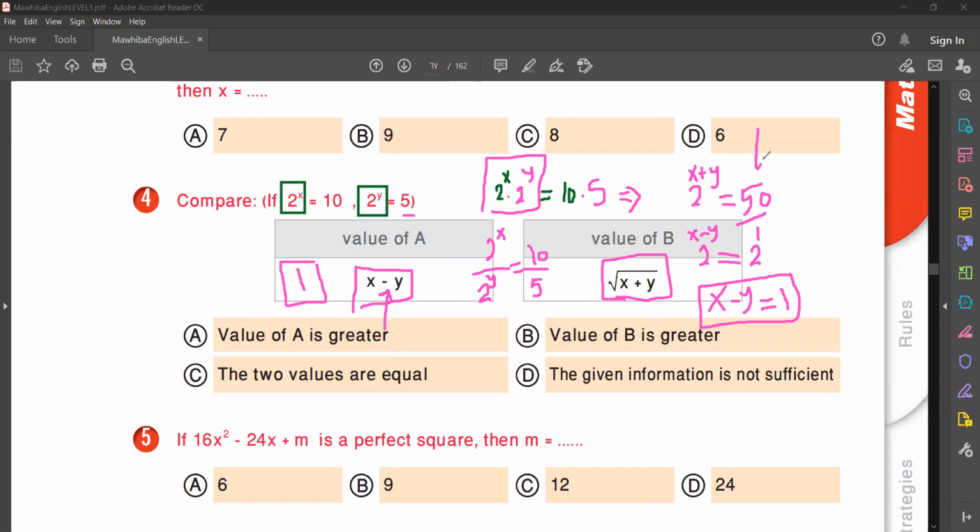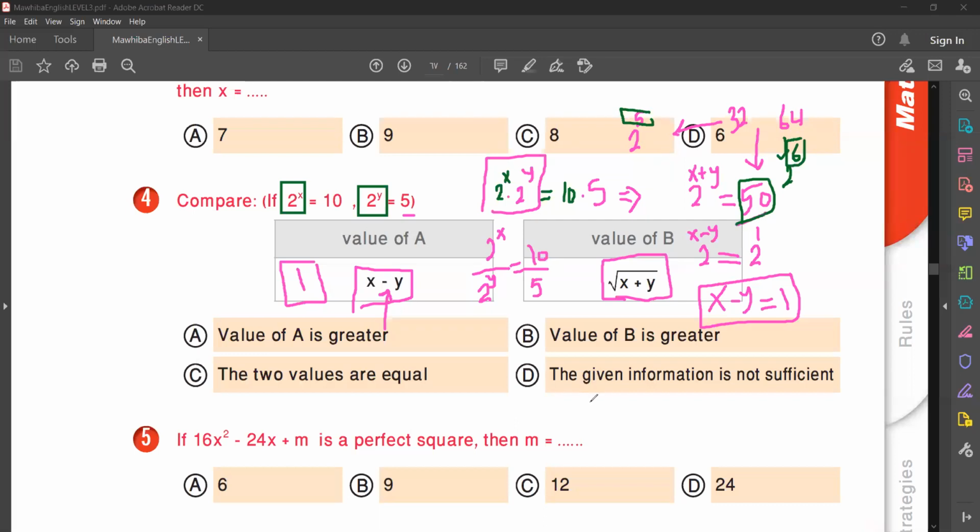So 50 is between 32 and 64, right? 32 is 2 to the power 5, and 64 is 2 to the power 6, right? So 50 is between them, between 5 and 6.